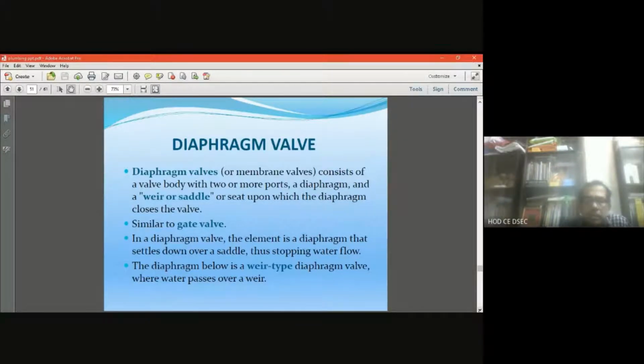In the gate valve we have observed that the gate is raised and lowered, but in the diaphragm valve the operation is the same as the gate valve. Instead of the gate, there is a diaphragm that settles down over a saddle, thus stopping water flow. The diaphragm valve shown below is a weir type diaphragm valve where water passes over a weir.